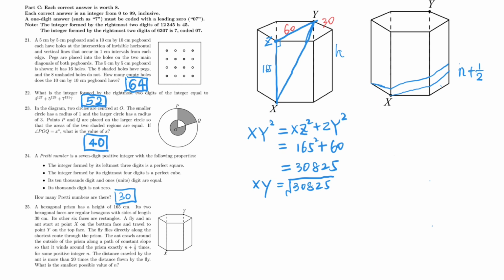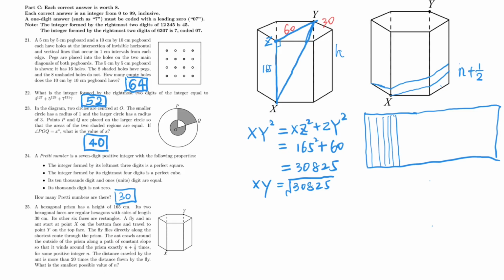If I open this part up, the first 6 faces are 1 2 3 4 5 6, the ant goes from x at a constant slope.